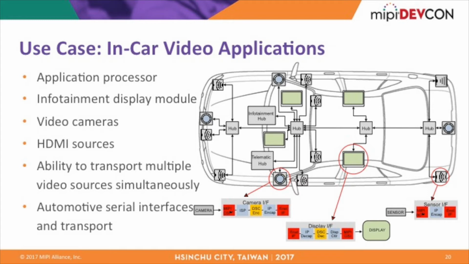If you only carried uncompressed video, you would need to increase substantially the number of cables inside the car. There are various transport technologies that exist today to carry video around cars: Ethernet-based, HDBaseT, and others. I'm thinking of GMSL from Maxim and others.